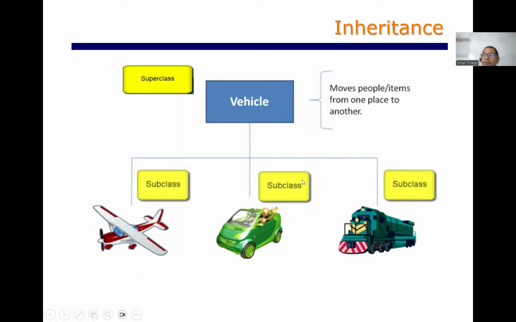These subclasses are going to inherit the properties from the superclass vehicle. It means that you're going to code everything that is general in vehicle, and then you're going to code specific things in the subclasses.